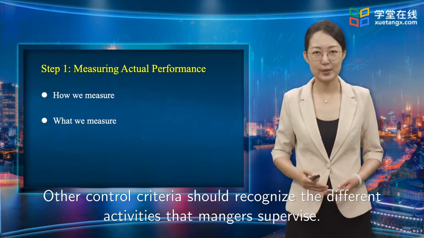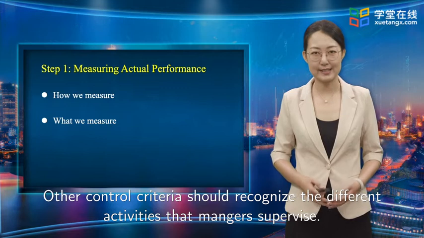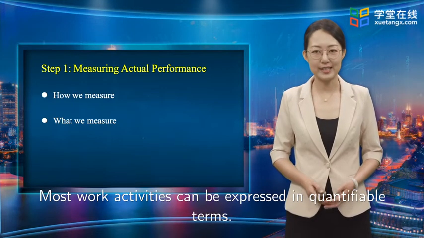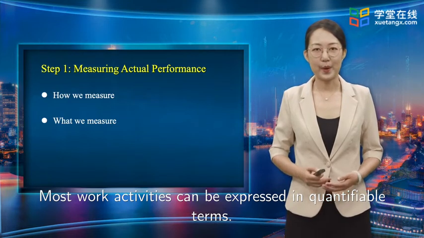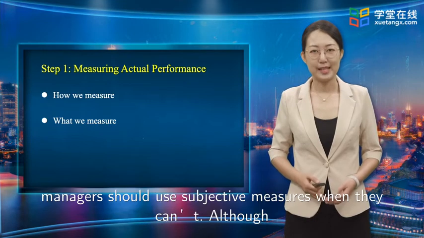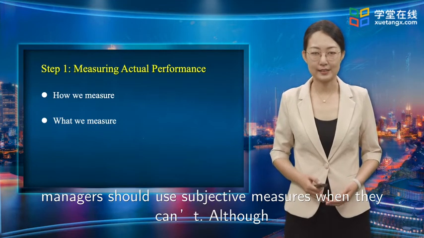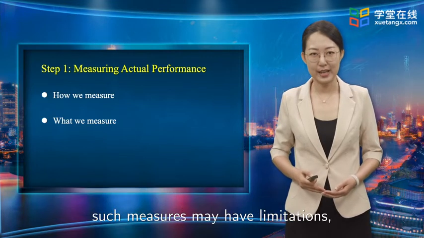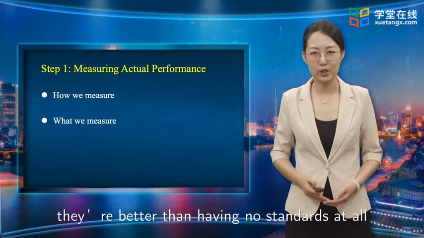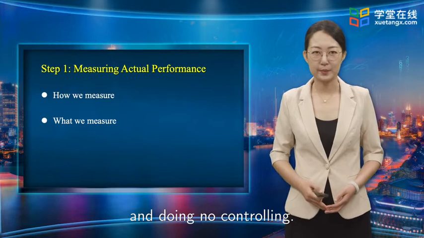Other control criteria should recognize the different activities that managers supervise. Most work activities can be expressed in quantifiable terms. However, managers should use subjective measures when they count. Although such measures may have limitations, they are better than having no standards at all and doing no controlling.